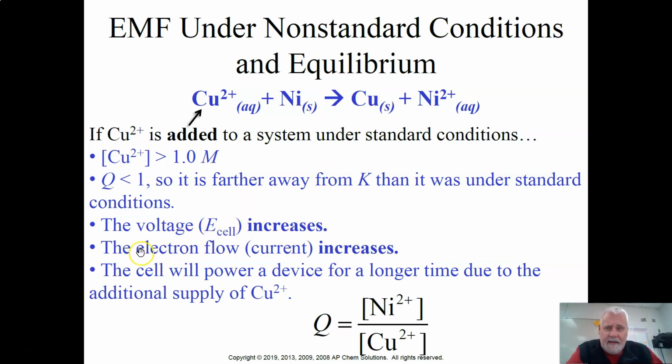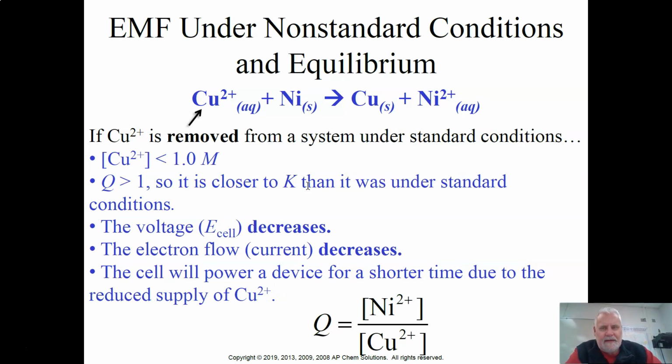Highlight, the electron flow or current, which is our ultimate goal here, will increase as well. And it will work for a longer time due to this excessive supply of Cu plus 2. Because when you start to run out of that, then it's time to replace your nickel-copper battery. Okay?